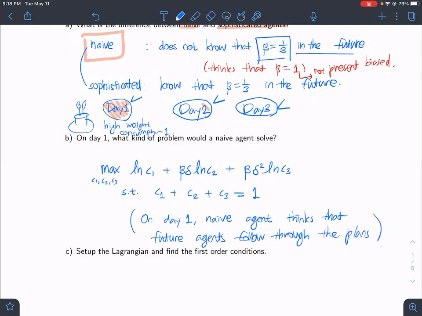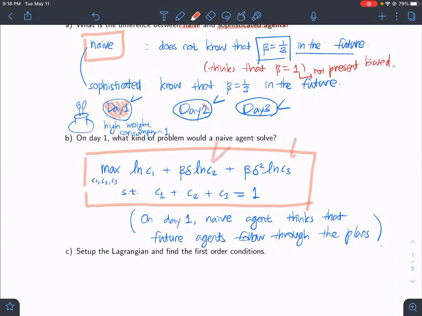So if I make a plan at once like this, he's naively thinking that June living in day 2 and day 3 are going to keep my plan, to keep the plan that is made on day 1, which is not true. Okay, any questions?